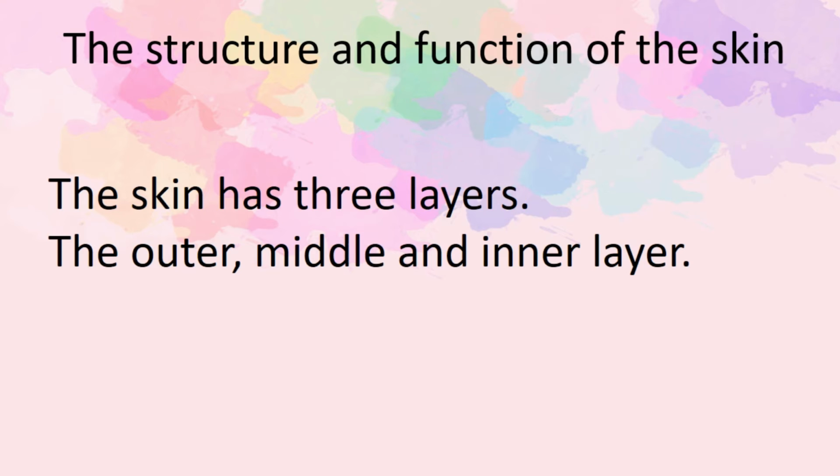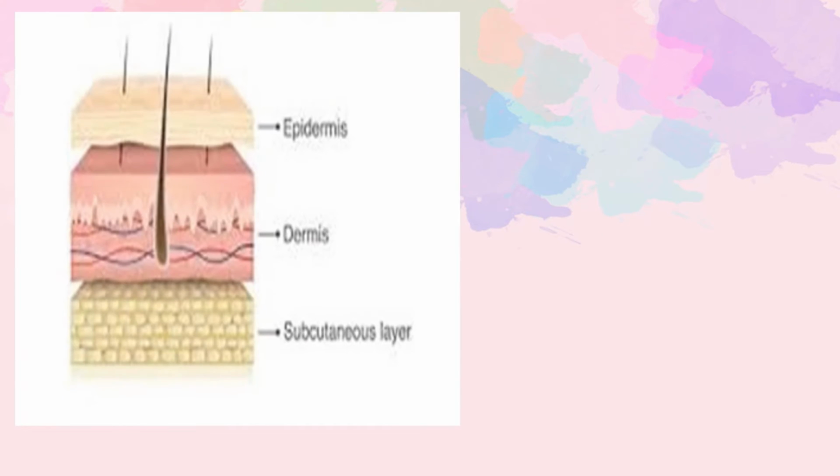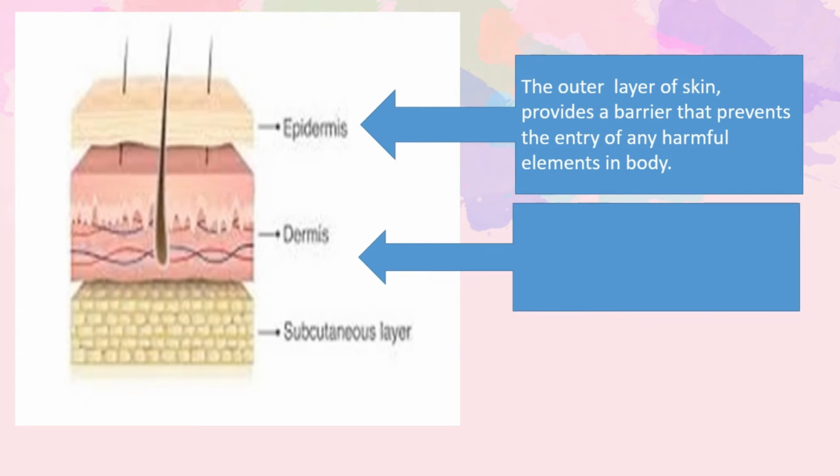So, the structure and function of the skin. The skin has 3 layers: the outer layer, the middle, and the inner layer. As we see in the picture, the outer layer is the epidermis. It provides the barrier that prevents the entry of any harmful elements into the body.